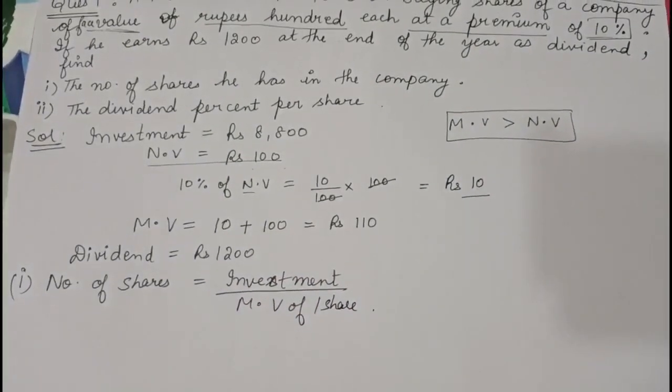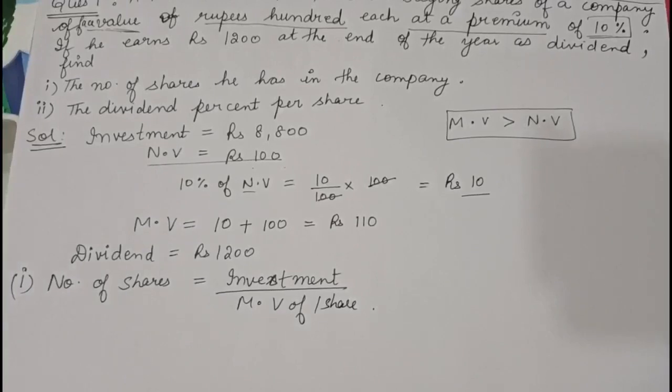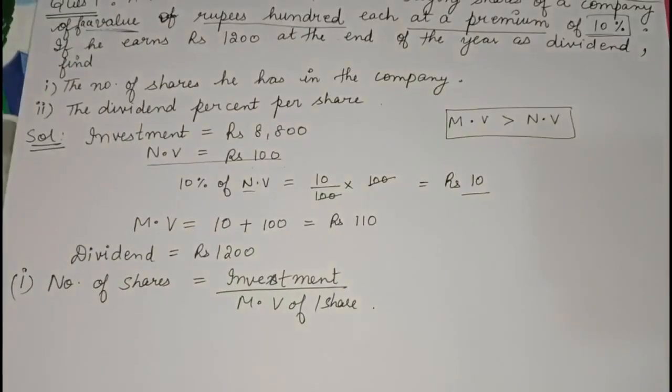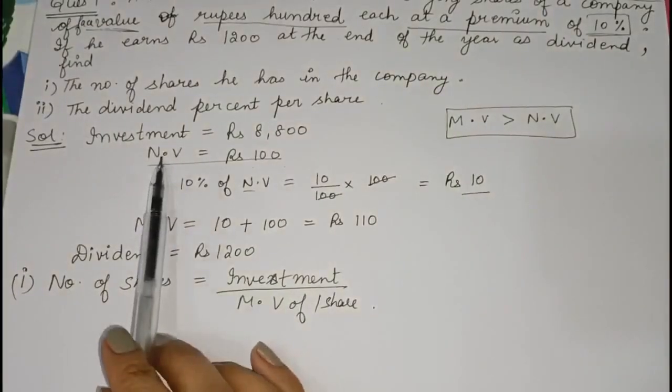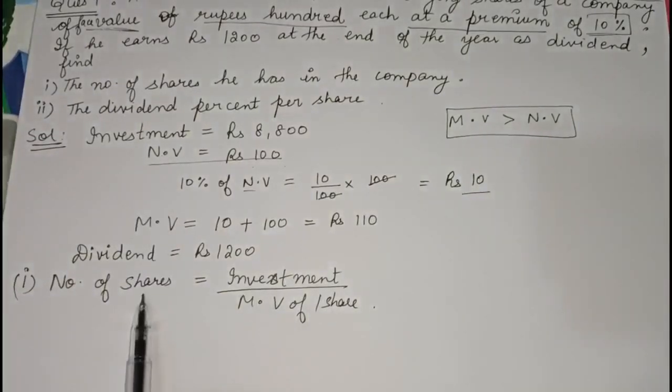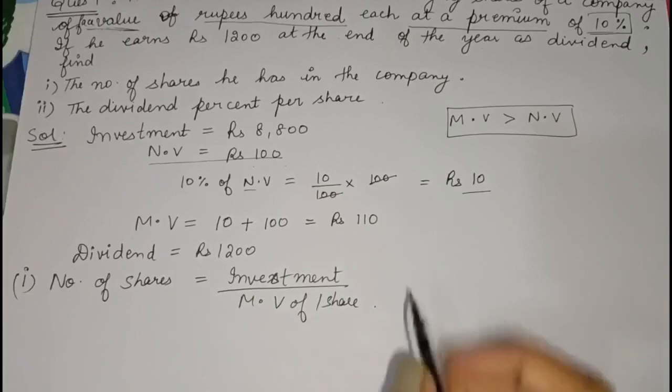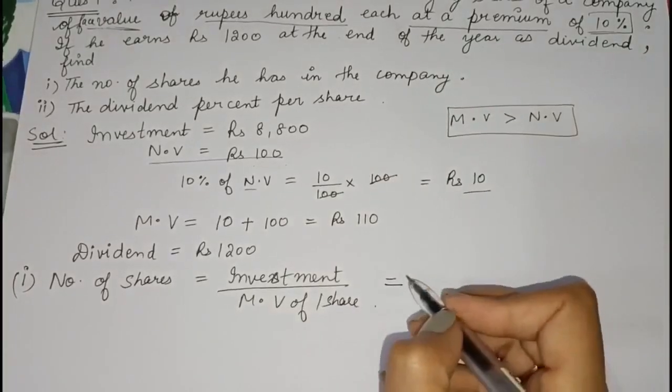We discussed two formulas. Why are we using this formula here? Because investment is given to us. So number of shares is equal to investment by MV of one share. I'll substitute the values.